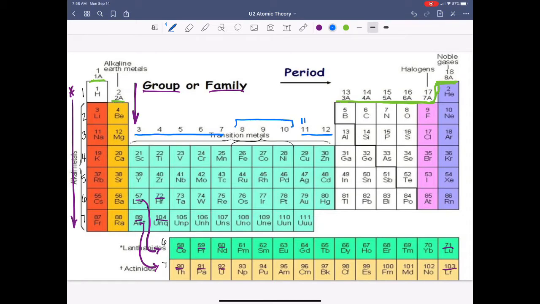So looking right here, we have 1B, 2B, 3B, 4B, 5B, 6B, 7B, and then 8B. All right, so the main thing that you need to focus on is your A group elements. That's what we'll be looking at a lot, but also being able to recognize where your B group elements are as well.